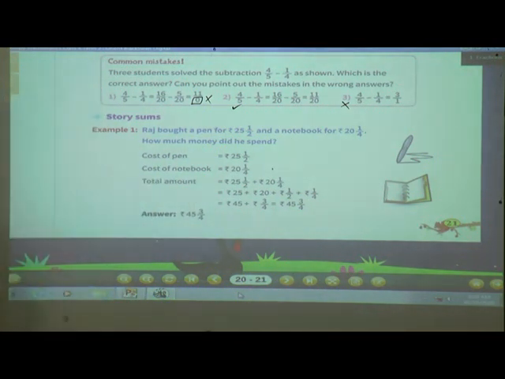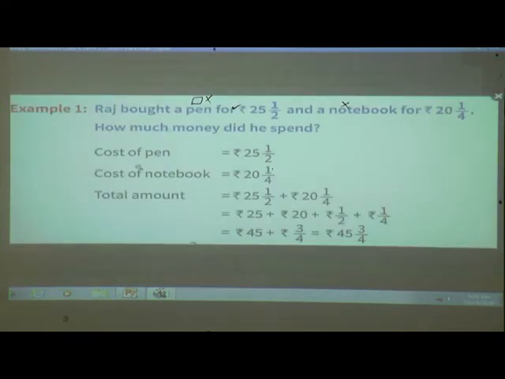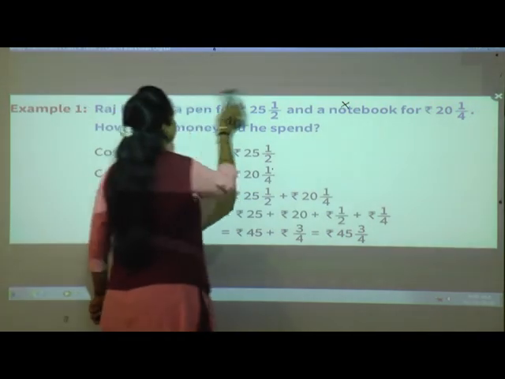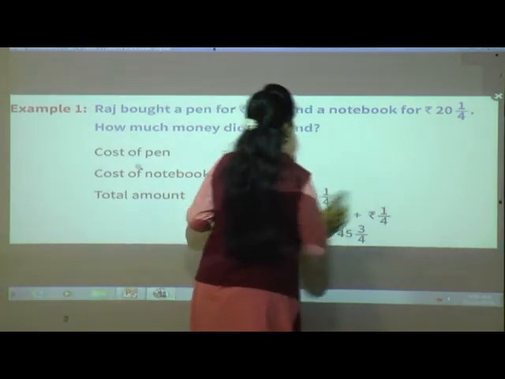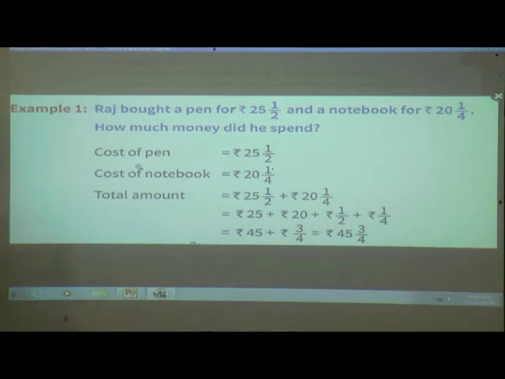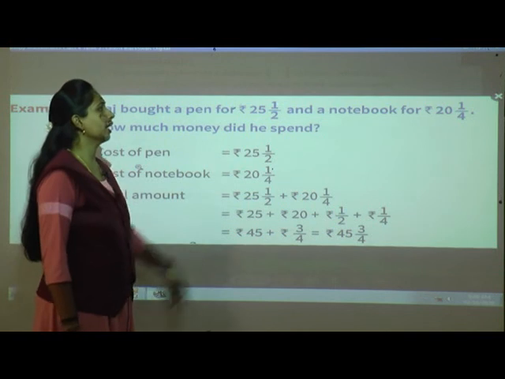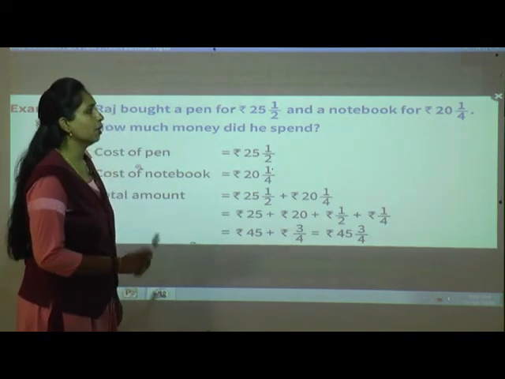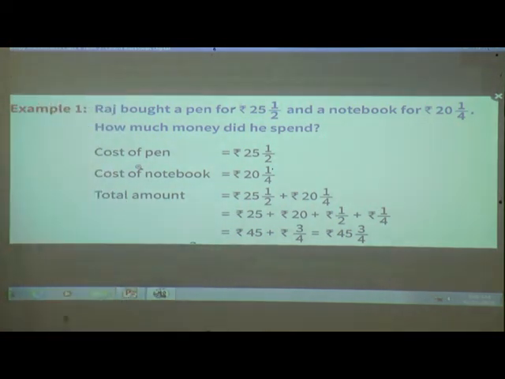Now let's move to the next topic, story sums. Today we are going to see story sums of fractions. Now they have given the first example. Let me explain. See, what is the question? Raj bought a pen for rupees 25 and 1 upon 2 and a notebook for rupees 20 and 1 upon 4.